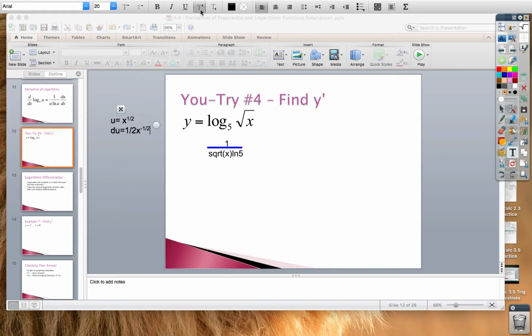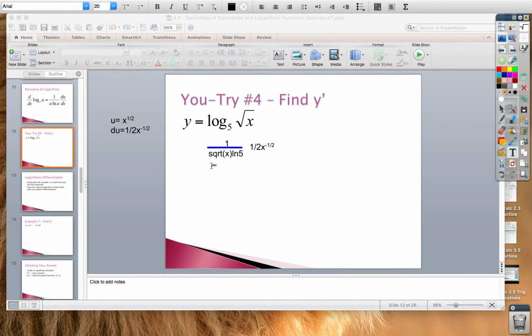So if this is what our derivative is, we're going to multiply that to what we have here. Remember, it's 1 divided by u, and the u in this case is square root of x, times ln of a, the base, which is 5, times the derivative du dx, and that in this particular case is 1/2 x to the negative 1/2 power.